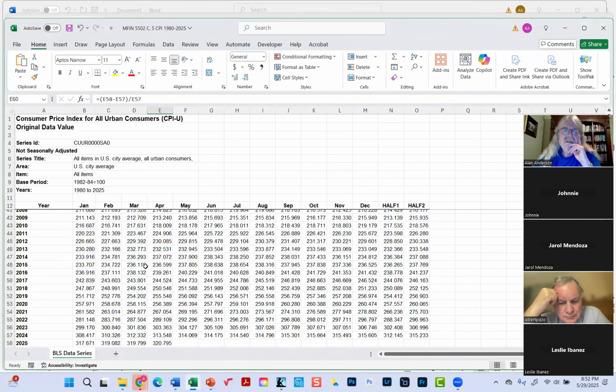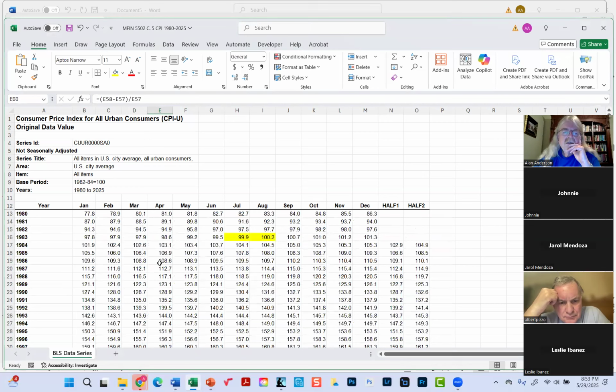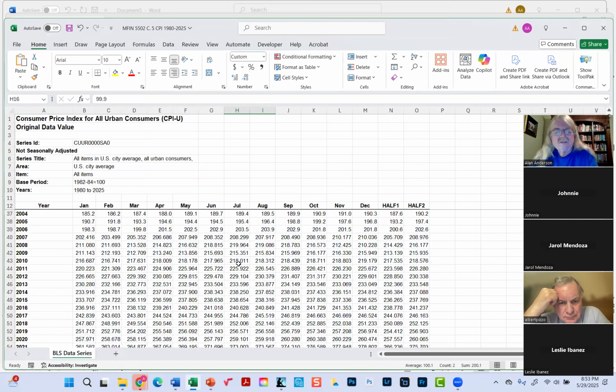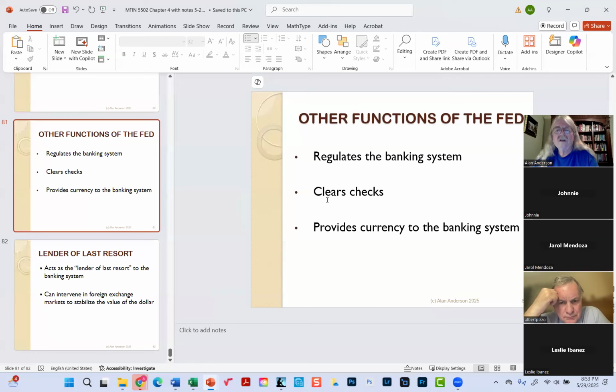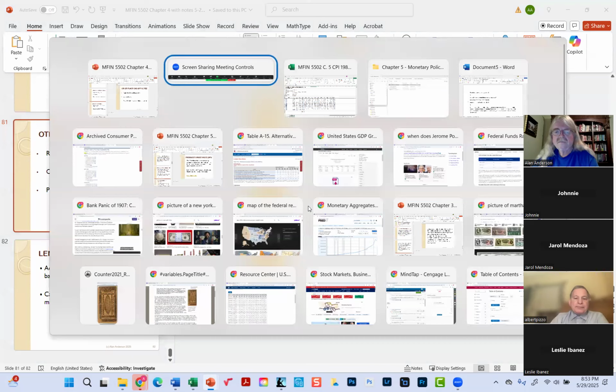So if you go through the whole list, going back to the base year, the average increase during this period has been about 2.9% per year, which is a little higher than the Fed would like to see it. Their target is actually 2%.